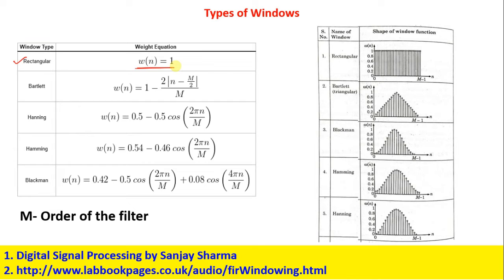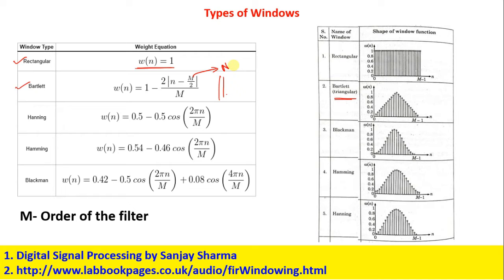Next is the Bartlett window, which is also regarded as the triangular window. This is the equation. Over here, capital M is nothing but your capital N, which is basically the order of the filter.